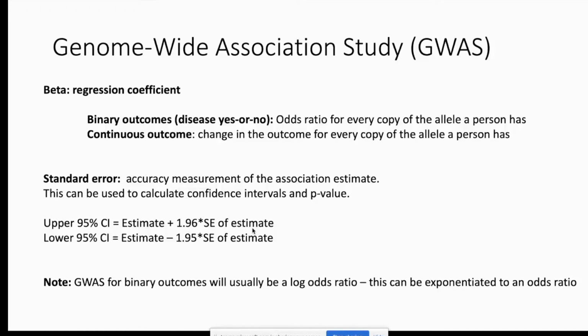So it calculates a range of values where we have a 95% probability that the true association or the true estimate lies within. And again, as a key point, genome-wide association studies for binary outcomes will report the log odds ratio, and this needs to be exponentiated, which is just a function that we can calculate. So we exponentiate that to form the odds ratio.